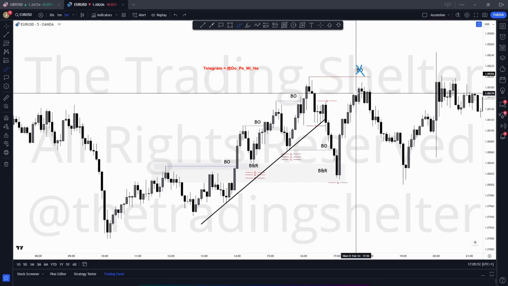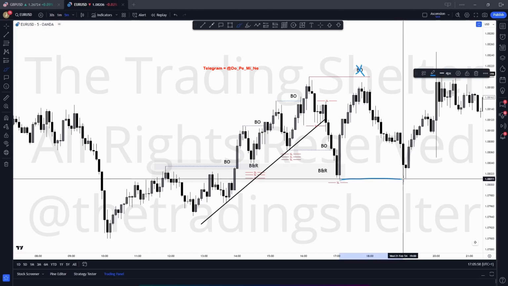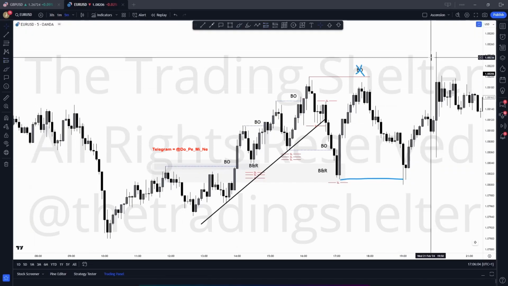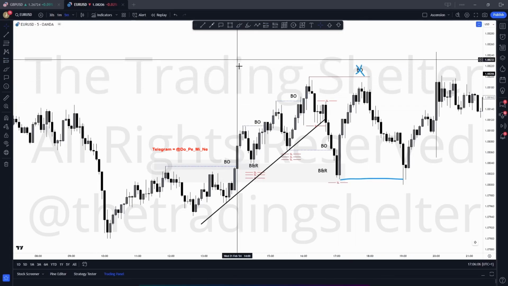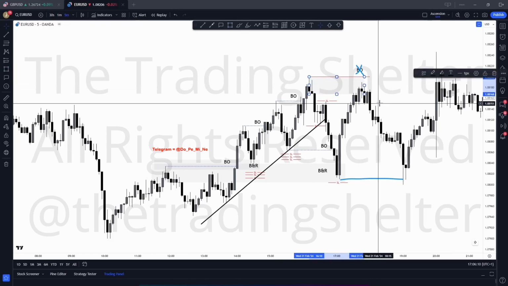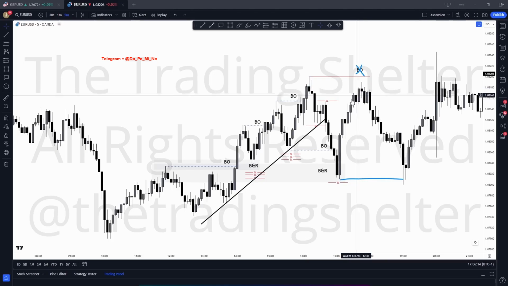Price fails to make a new low. What happens also? Takes out their liquidity to then go higher, right? Like I said, we can already see the good old smart money trap here, right? But we're not going to talk about it right now.